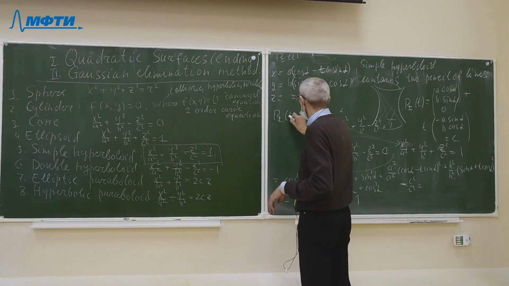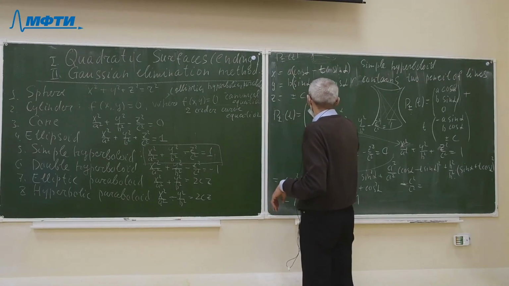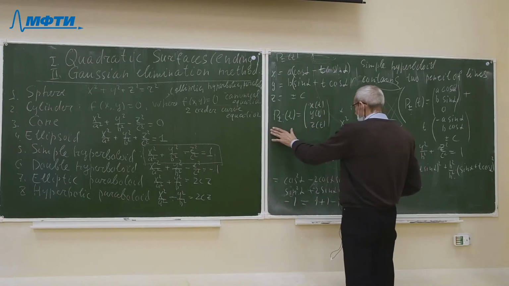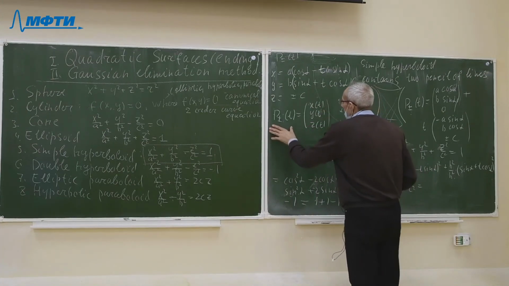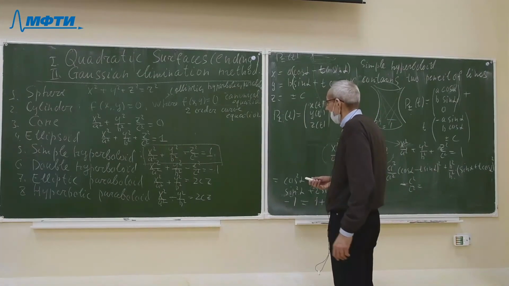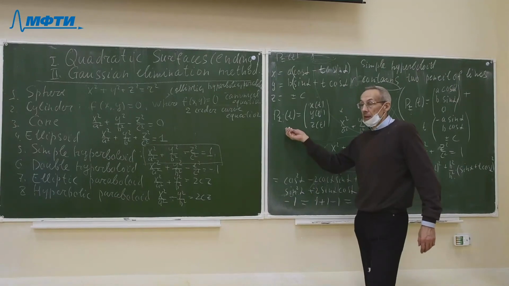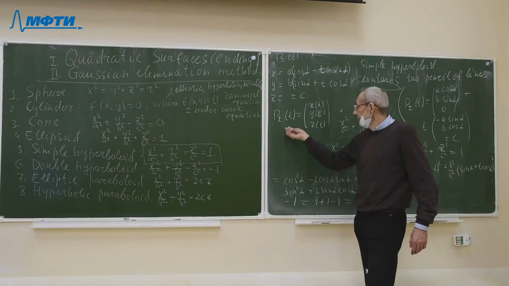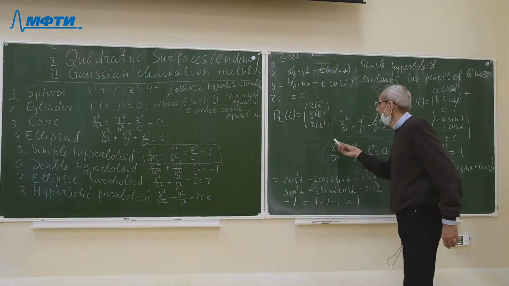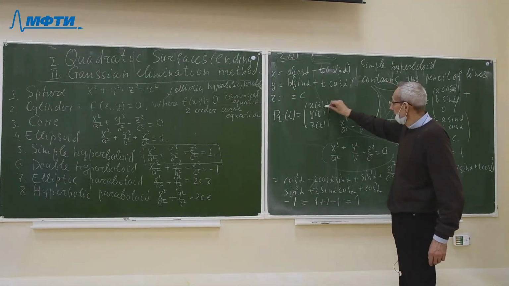P plus minus t is a vector of coordinates (x(t), y(t), z(t)). The left side is the equation of the line in space.